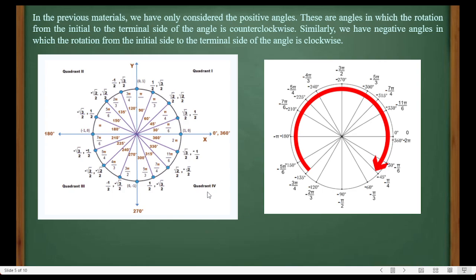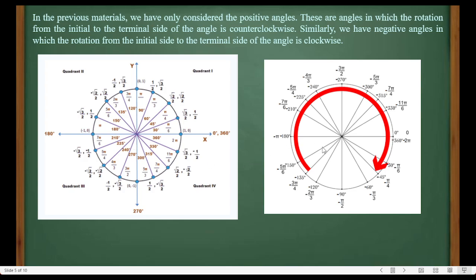Taking the two figures, for example, we have here angular measures that are all expressed in positive because the rotation that we're considering is from the initial side going to the terminal side, which is counterclockwise. That's the reason for those angular measures to become positive.